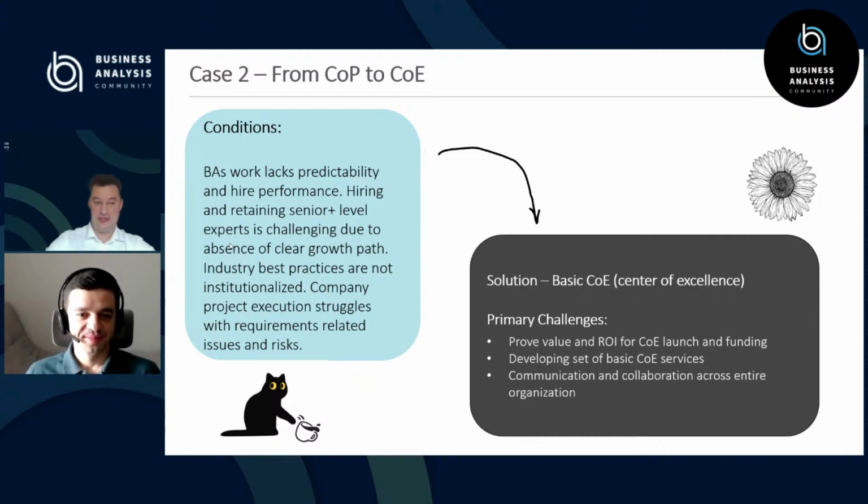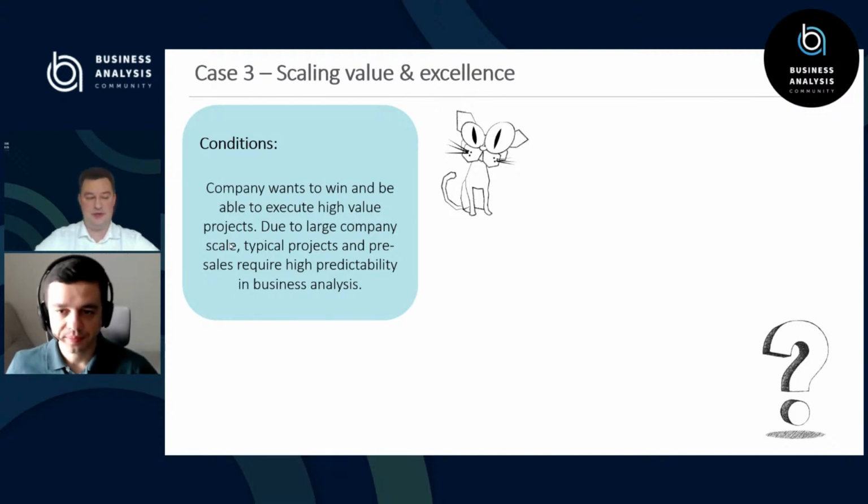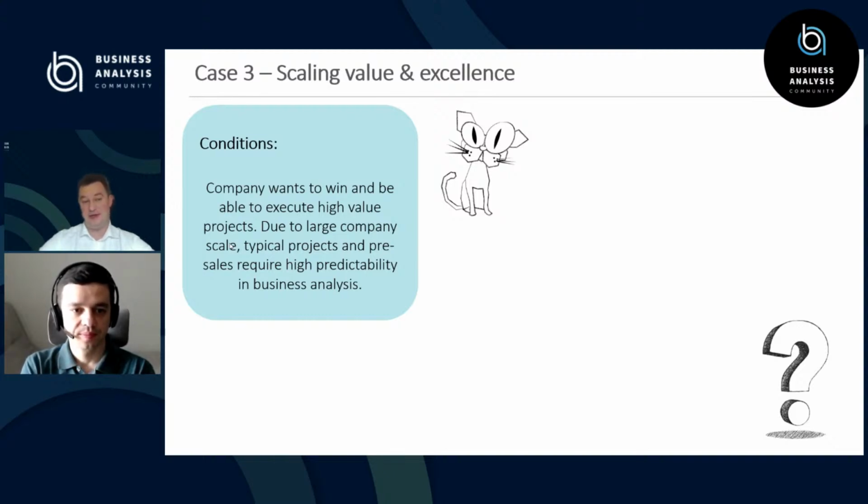So let's shift to the third case, which we named, together with Yuri, scaling value and excellence. What is this case about? This is the most interesting case in my opinion, because it is about a company that wants to win and be able to execute high-value projects.